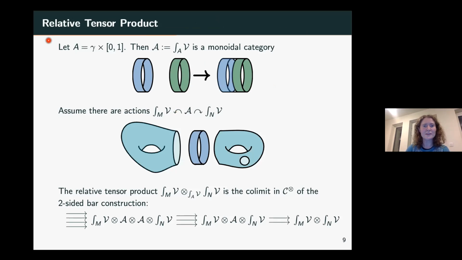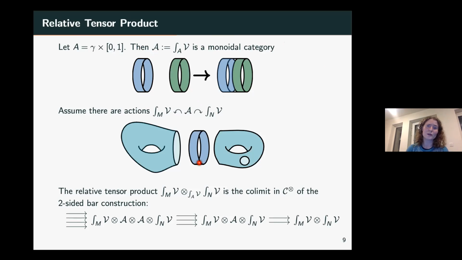So more exactly, if you take A to be a thickened curve, so for example, in this case, we're just taking a thickened circle, then the factorization homology is a monoidal category, and the monoidal product just means if you have two of these surfaces, you can include them into a copy of itself, basically just by contracting along the trivial 0-1 direction. And this embedding induces a map on the factorization homologies, and that is our monoidal product. And so this gives this factorization homology a monoidal structure.